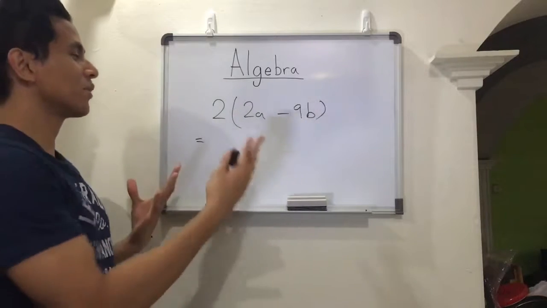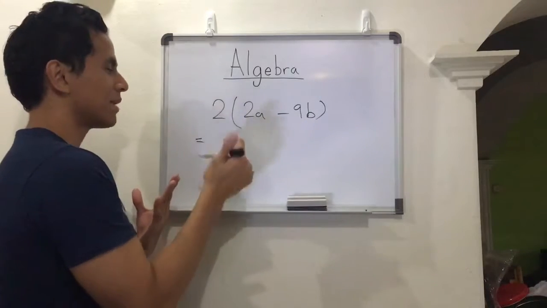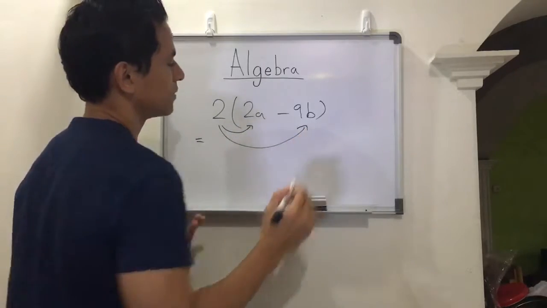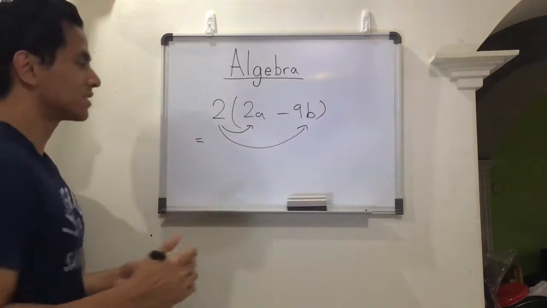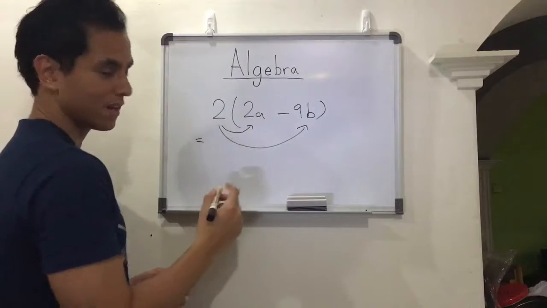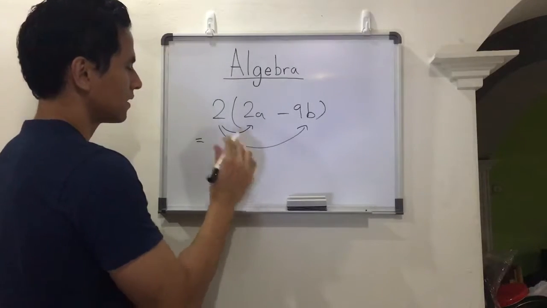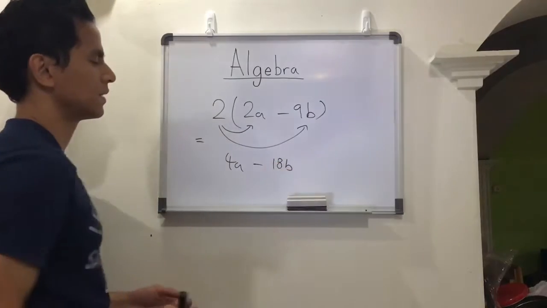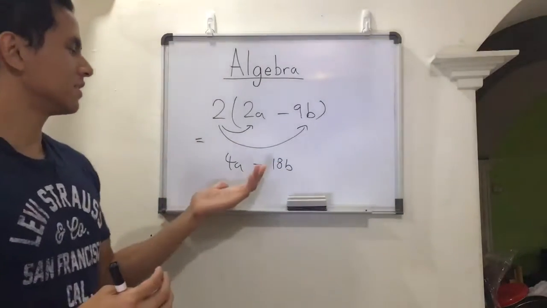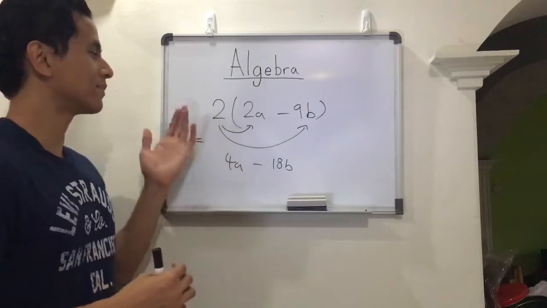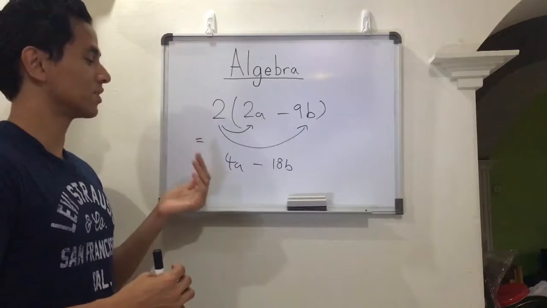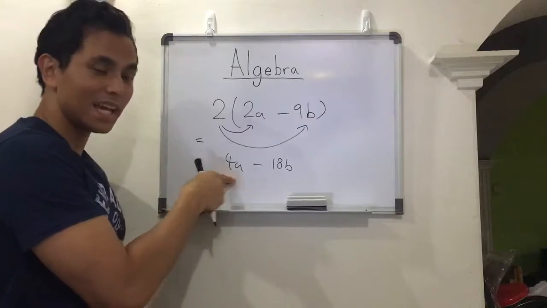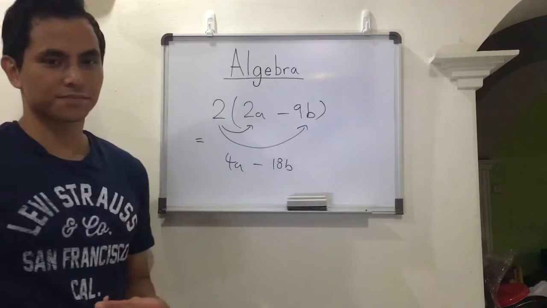So we can straight away go ahead and multiply. 2 multiplied by 2a, and 2 multiplied by 9b. This gives us 2 times 2a, 4a, and 2 times 9b, 18b. So this is the final answer, because we cannot simplify this any further: this is an a, and this is a b.